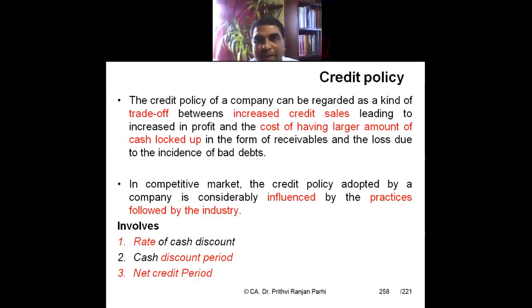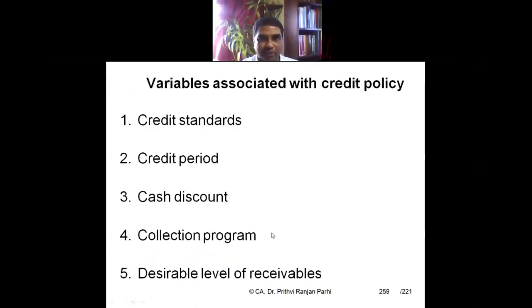Suppose my supplier is giving me 30 days credit, but I am allowing 45 days credit. So the net credit period is 15 days. Ultimately, I am giving a credit of 15 days because my supplier is allowing me 30 days. Understood? That concept also comes under decisions about credit policy.